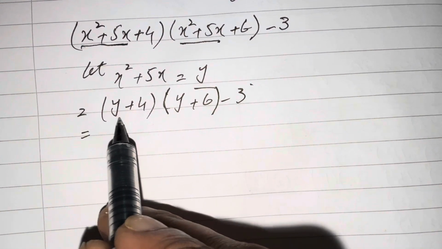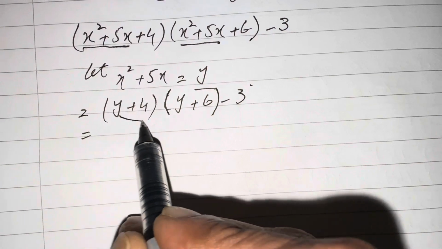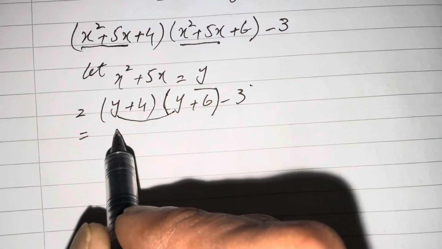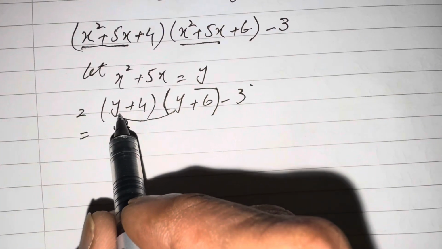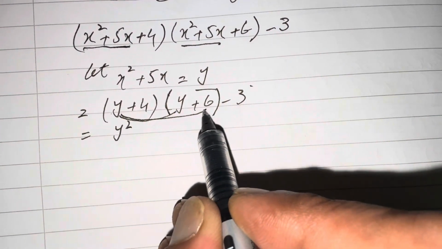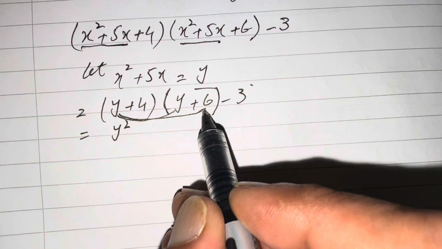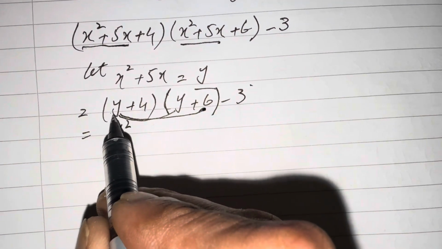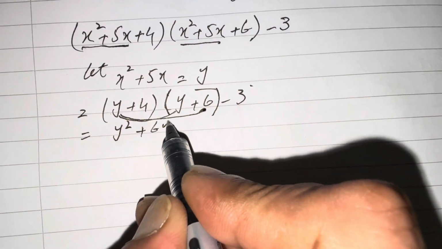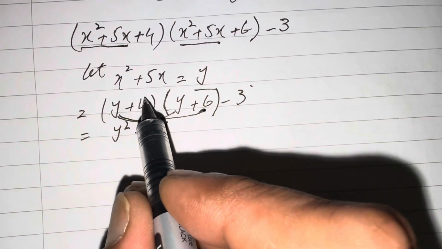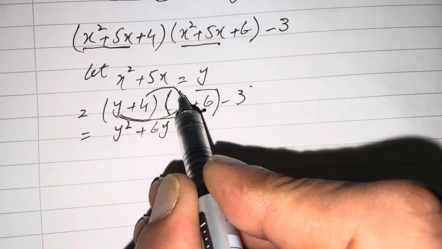So y will multiply with this y. So y and y, when multiplied, give y squared. Then y will multiply with this 6. So y multiplied by plus 6 will be equal to plus 6y. And then this 4 will be multiplied with this y.